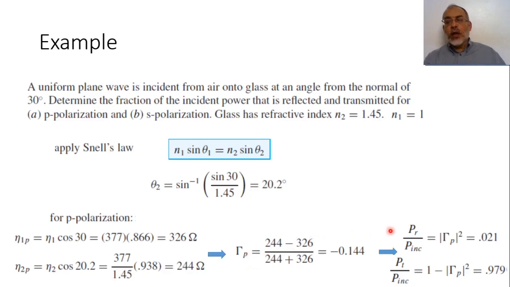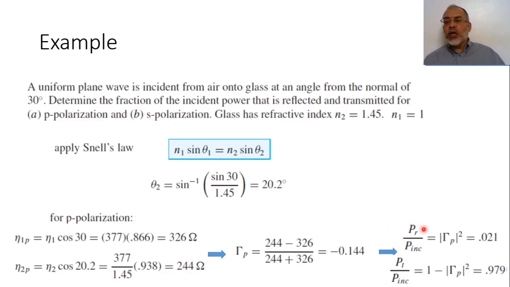The ratio of the reflected power to the incident power is proportional to the electric field squared over electric field squared. So the value of P reflected over P incident would be gamma parallel squared. By squaring this value, we find that the ratio of the reflected power to the incident power is 0.021.